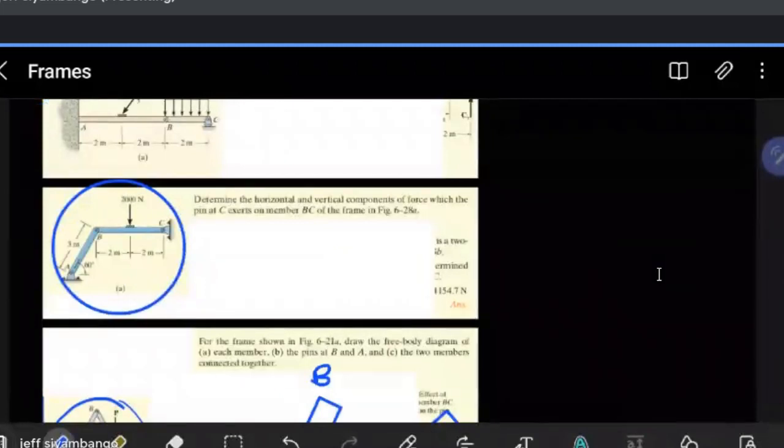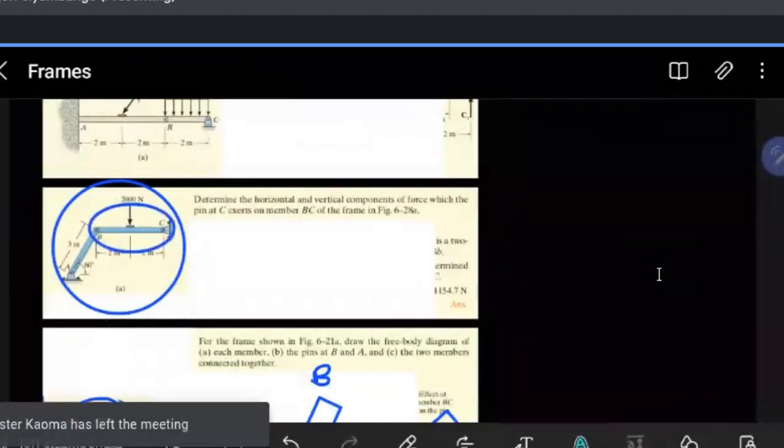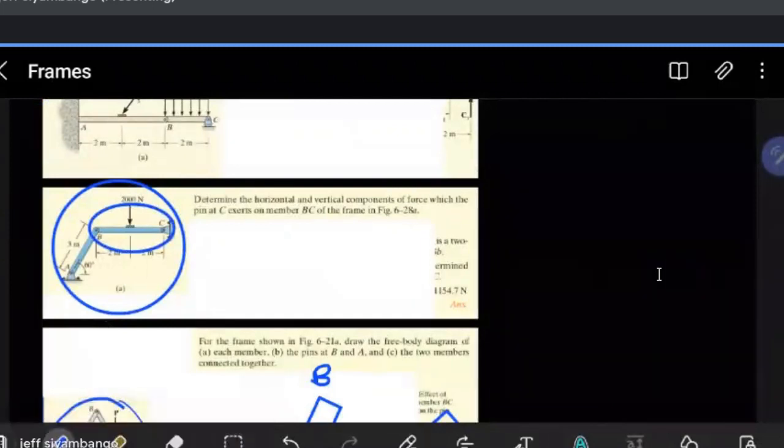What you have to see is that if you looked at the member BC, you have to observe that it's not a two-force member. Why? It experiences a force here. It will experience a force at this support. It will also experience a force at the other end.